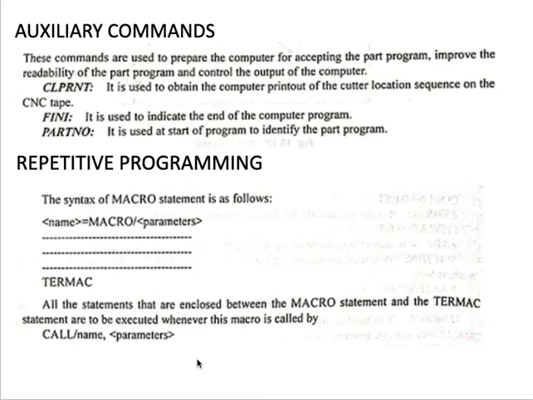The symbol would be the name of the macro that is to be called, and the parameter specification identifies the particular values of parameters that are to be used in the execution of the macro subroutine.